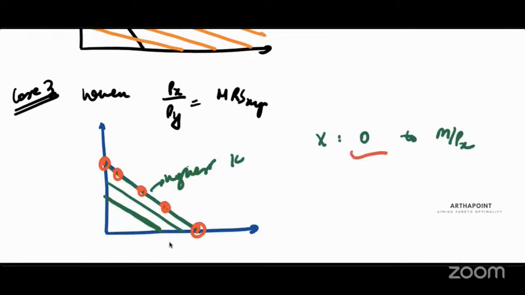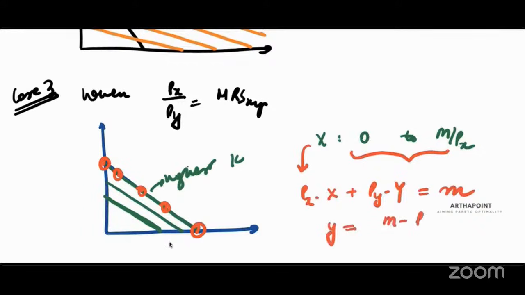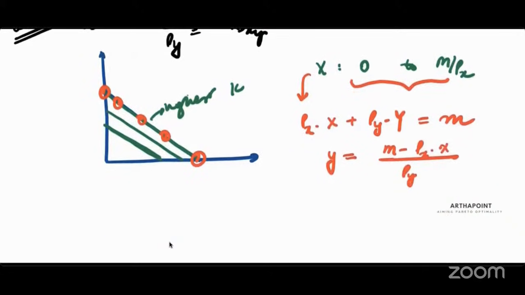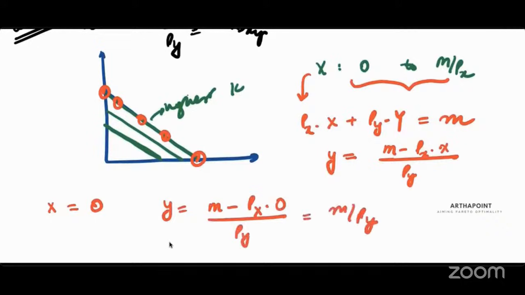Once you decide on X, you can put that value of X in the budget line equal to M and get a value of Y. So Y will simply be M minus Px into X by Py. If you decide that you don't want to consume X, then Y will be M minus Px into 0 by Py, which is simply M by Py. So it will be this point.